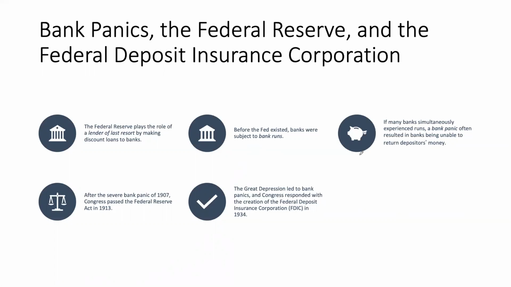Before the Fed existed, banks were constantly subjected to bank runs. We've discussed this history of bank runs in earlier sections, but when you have many banks simultaneously experiencing a bank run, that's when you have a problem, right? Because a bank run basically is a crisis in confidence, right? A bank run starts with maybe a small rumor, maybe it's real, maybe it's unfounded. You don't know that the bank doesn't have enough cash in order to service its customers, right?